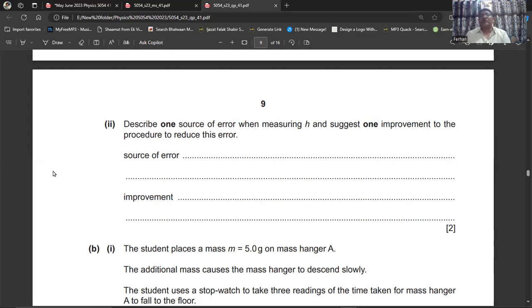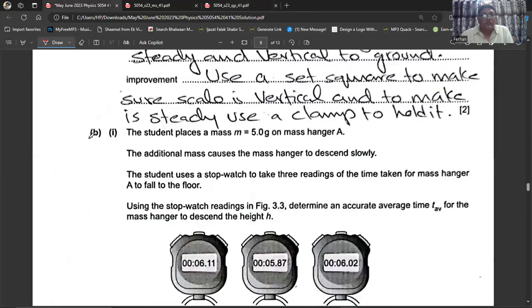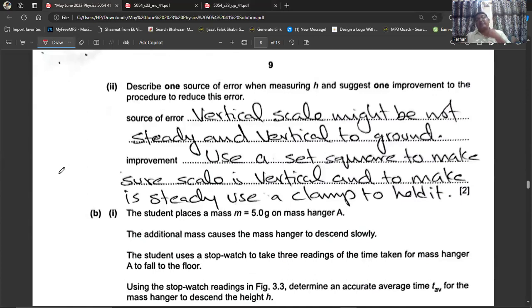Another possible source of error is if you hold that scale in your hand and it continuously shakes. If you want the scale to be very steady, you should use a stand and a clamp to hold that vertical scale so that there is no shaking. So the vertical scale might not be steady and vertical to the ground.